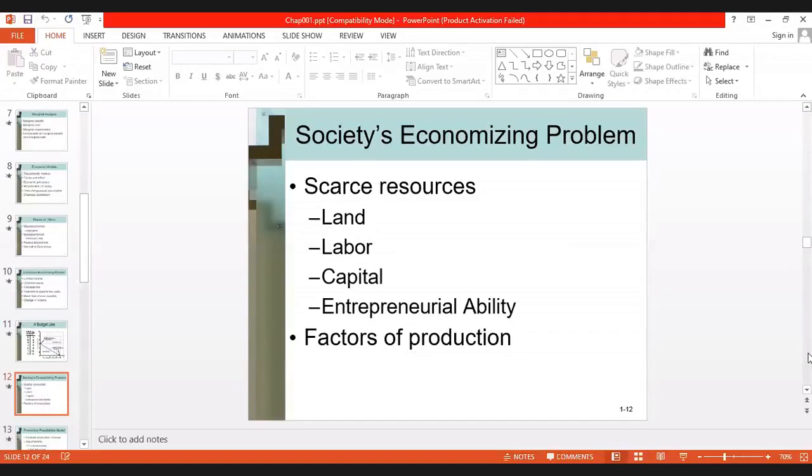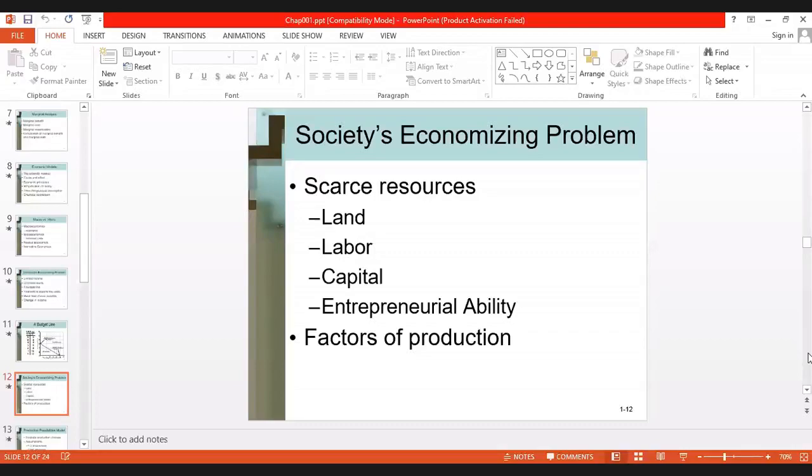Resources are limited. Any resources within the country can be used to produce goods to satisfy society's wants, but society's wants are unlimited. So society has to make a decision about what combination of goods to produce to make the best choice for society.